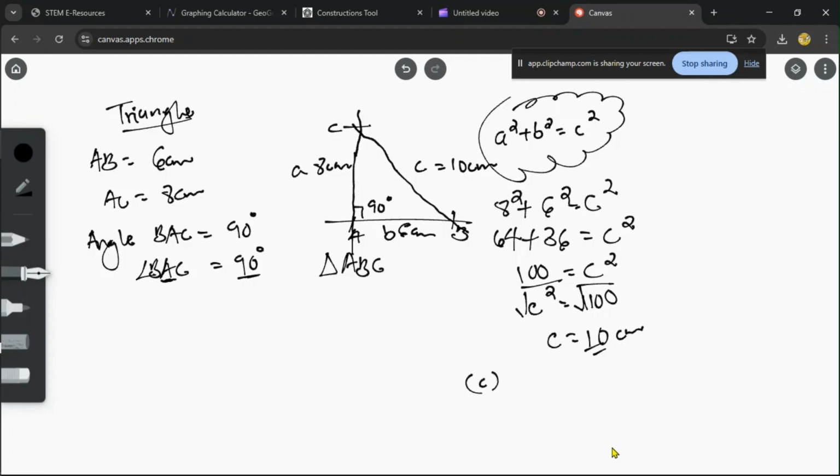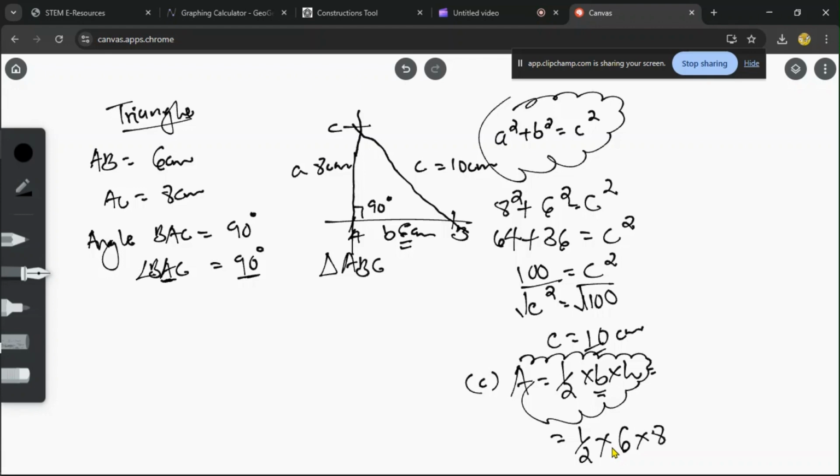So area is given by a half multiplied by base multiplied by height. This is the formula for getting the area of a triangle. My base is this one, so base is 6. I'll say 6 multiplied by height. Height is 8, so I'll write 8 here.